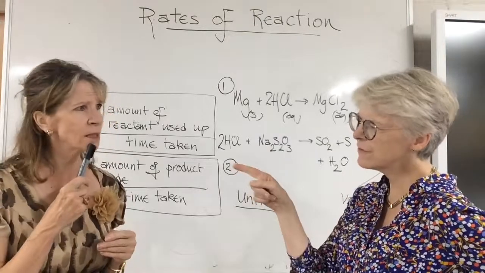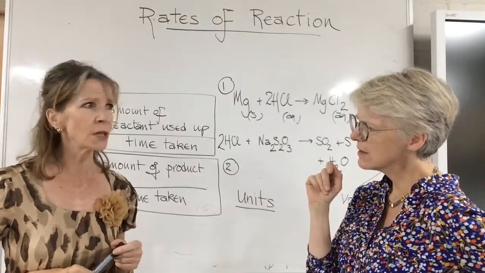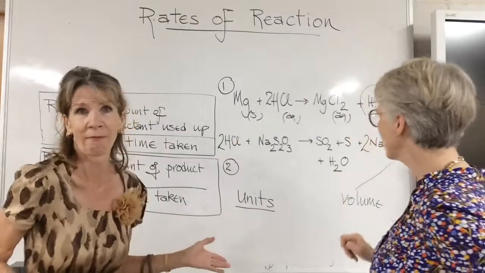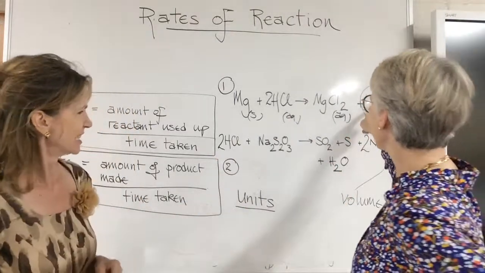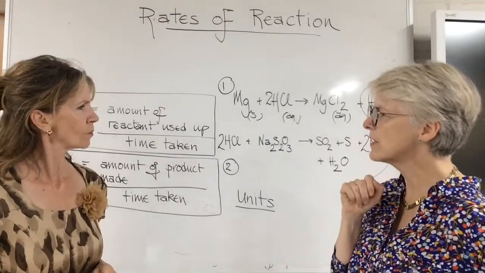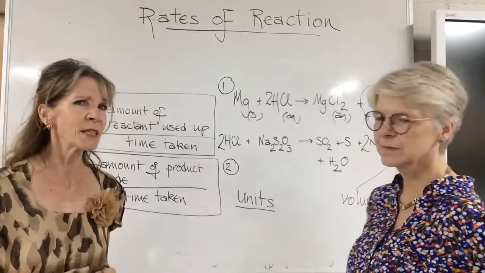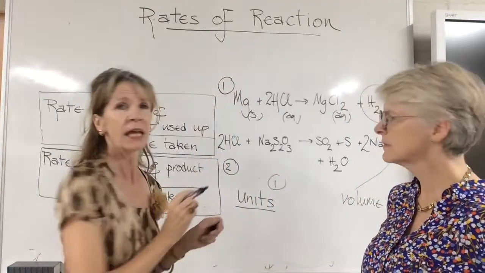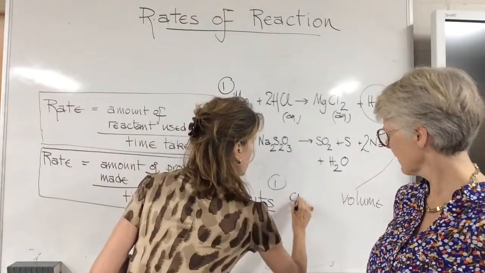So what's that going to affect? It's going to actually affect possibly the units. The units, very good. So if we were measuring a gas for the volume, what would the units be? Well, if I measured the volume in cm cubed, so for experiment 1, it would be cm cubed.